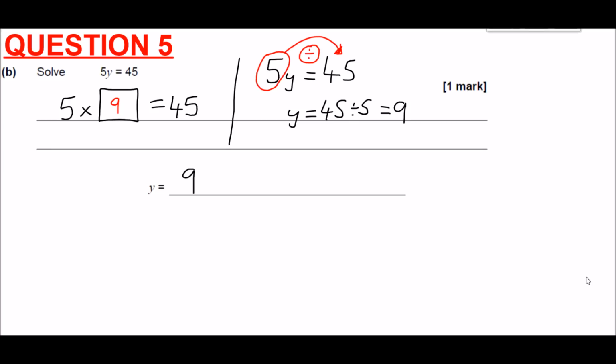Also, a different way of doing this, like I mentioned before, would be if we used a flowchart. So if we start again with the letter we're trying to find, so this time we're trying to find y, what happens to y is that the 5 is multiplying it.